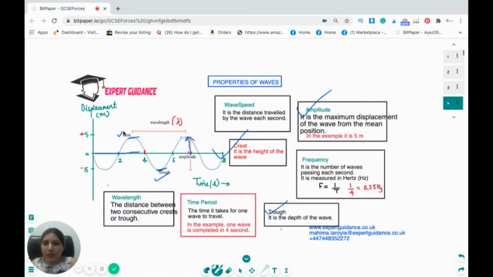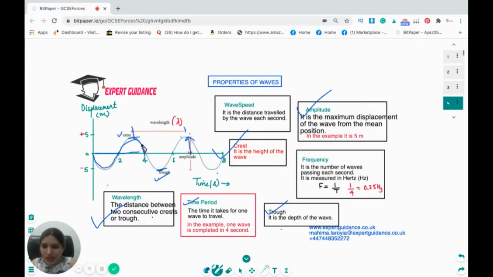Now, the distance between two consecutive crests, or the distance between two consecutive troughs, is the wavelength. So in this case, from here to here, we have a wavelength. Now, what is time period? From here to here, that is one crest and one trough, is one wave.